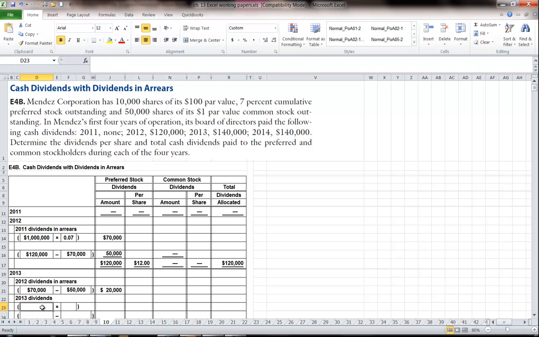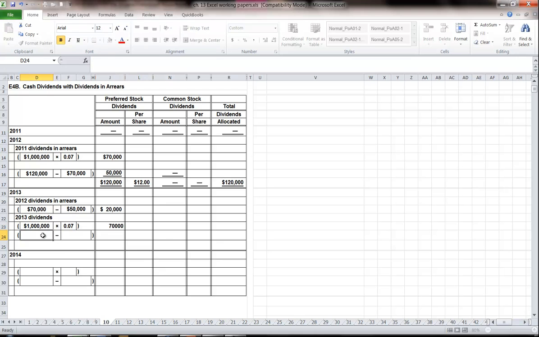So I calculate how much they're supposed to get, which is the 1 million times our rate of 0.07, which gives us $70,000. And in addition to this, we can't give them more than what they're entitled to. So they're going to get the $20,000 from 2012, and they're going to get the $70,000 from 2013, which is only a total of $90,000.